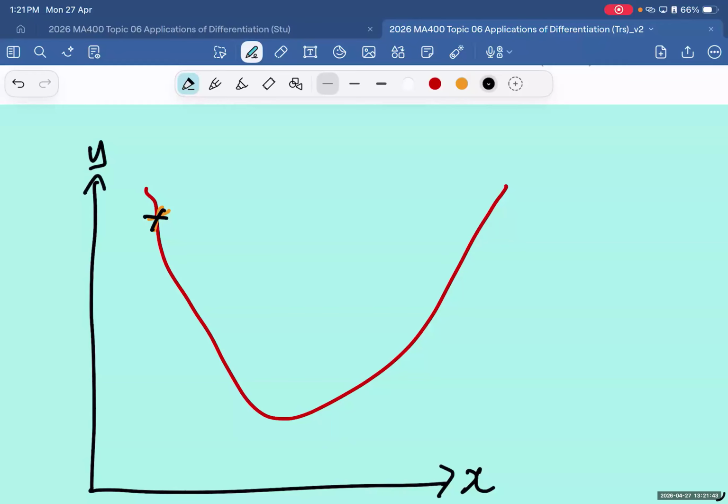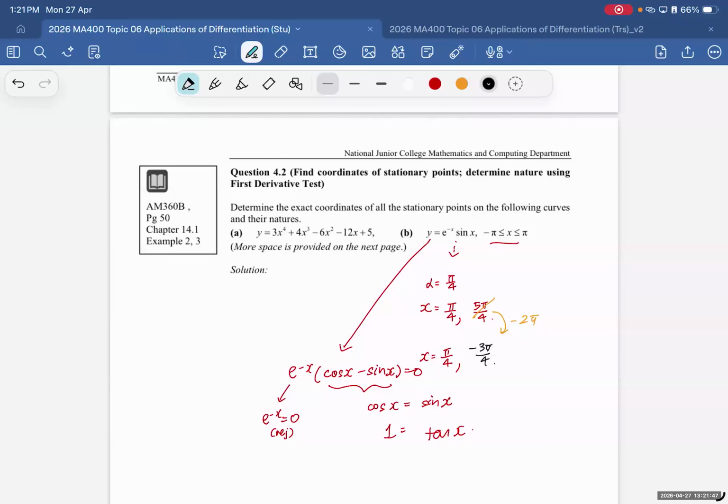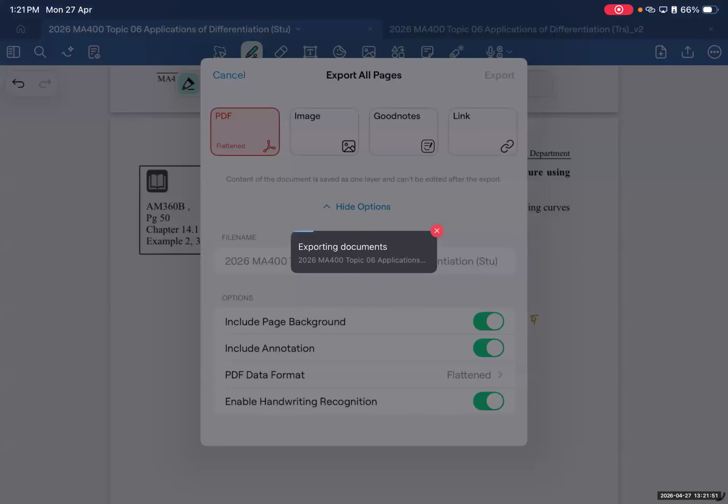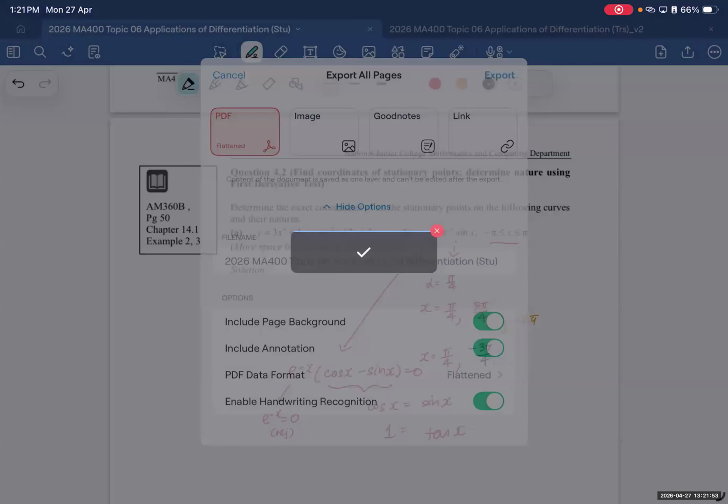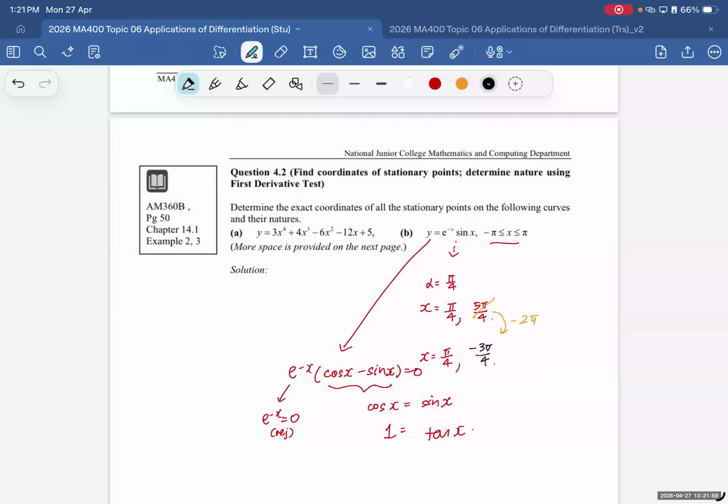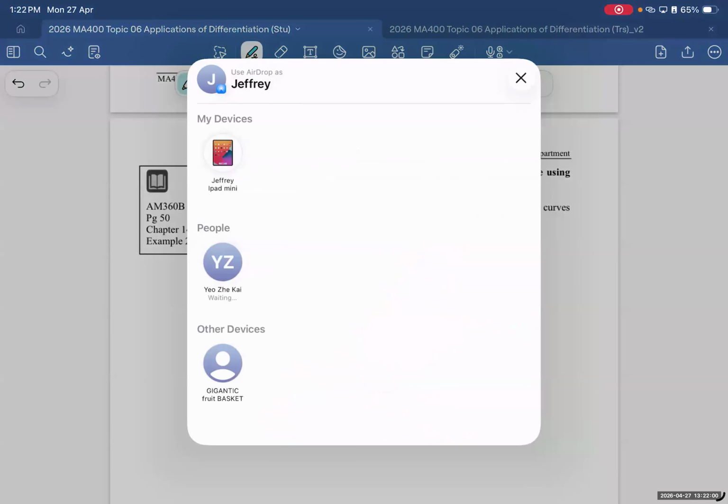Huh? What's the guess? Where? Negative? What's the guess? I dropped something. Whose gigantic fruit basket? Alexis.